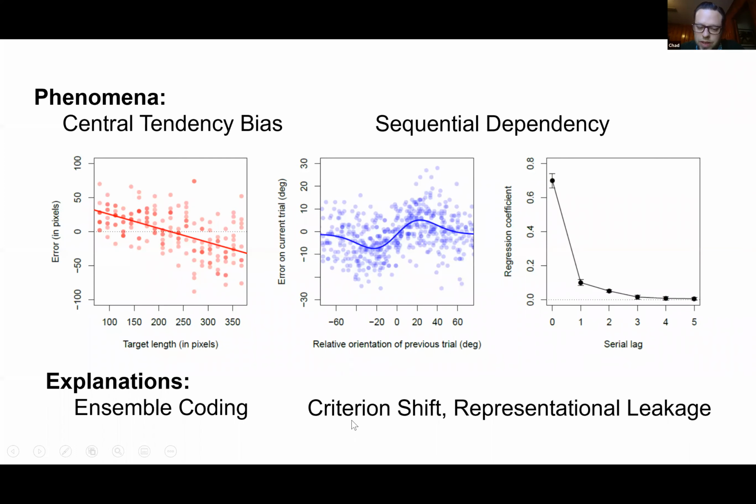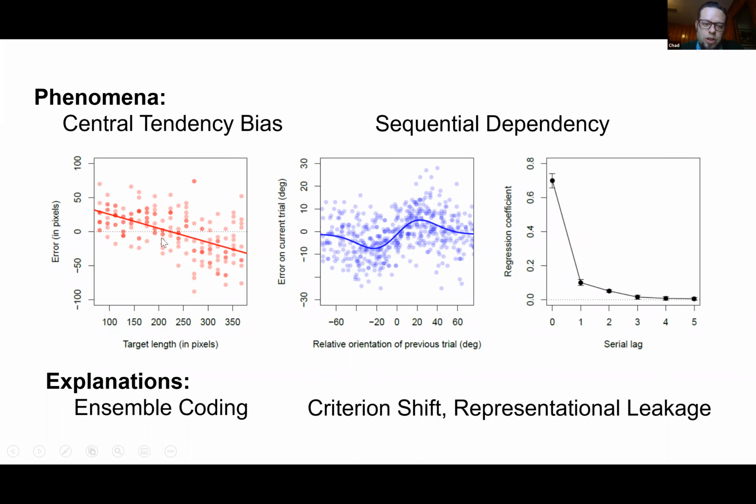So you can't get these kinds of data. And so it's hard to know how a criterion shift could give you recall distortions, but representational leakage could do it. So we were thinking maybe Ke's model could explain this. And this thing on the left we already mentioned is implicit bias. People are already taking this up in the ensemble coding, perceptual averaging, that whole literature.